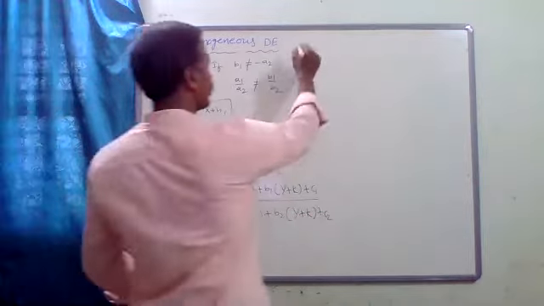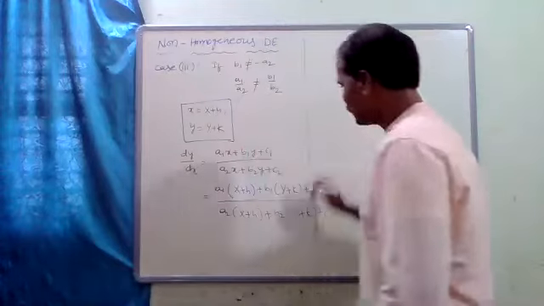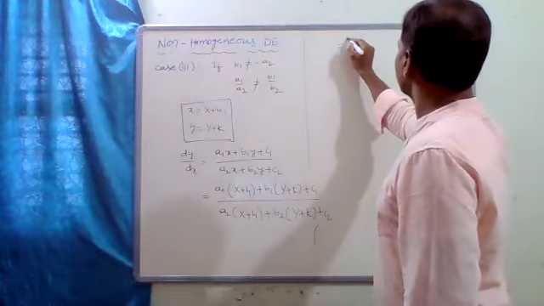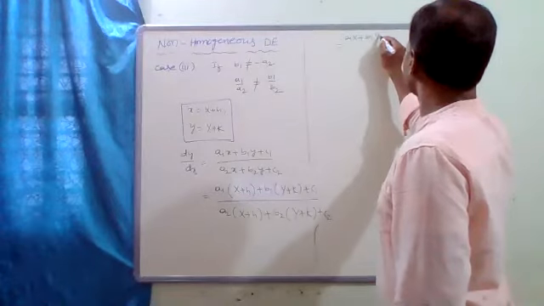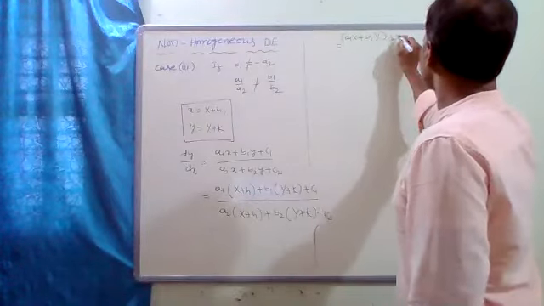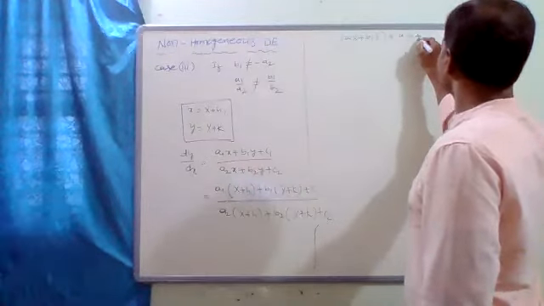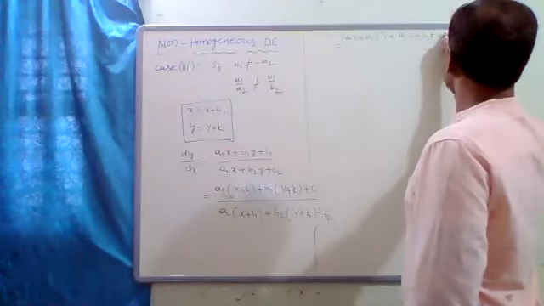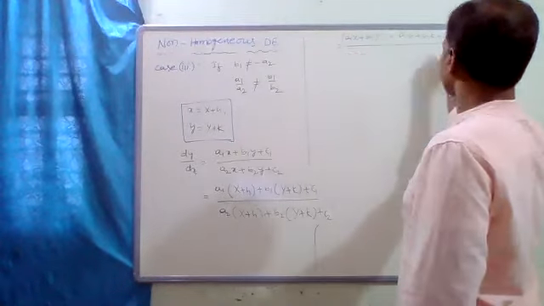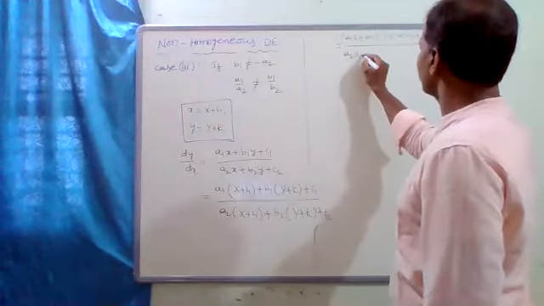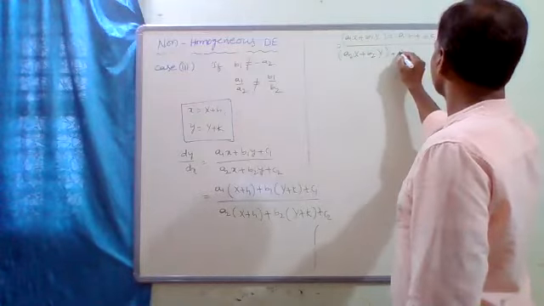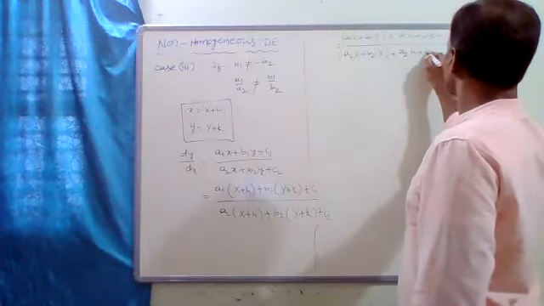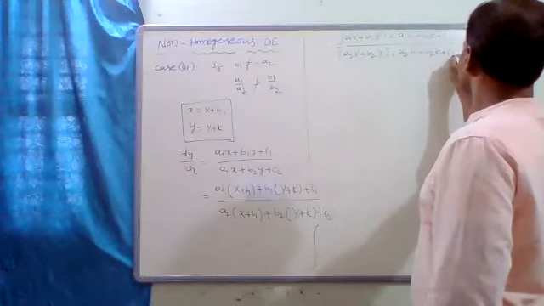Now this equals (a1X plus b1Y plus a1h plus b1k plus c1) by (a2X plus b2Y plus a2h plus b2k plus c2).